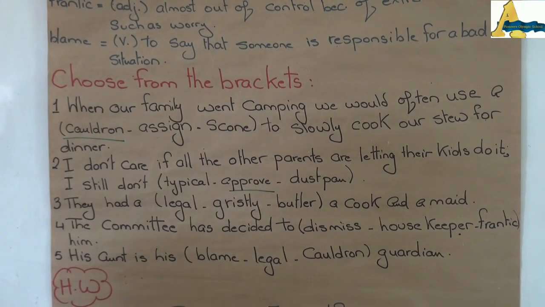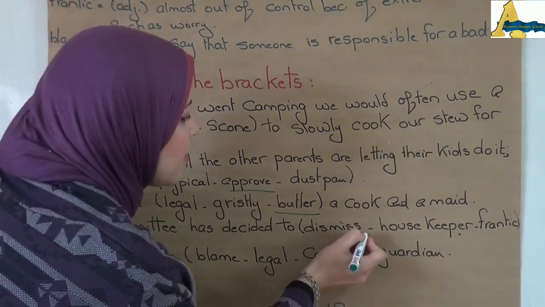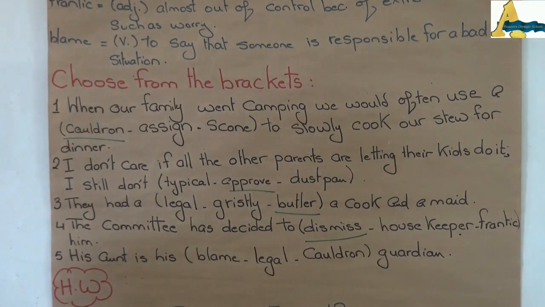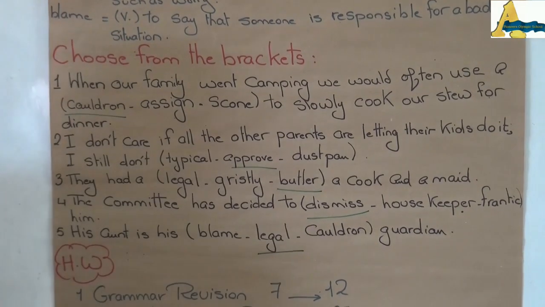They had a cook, and a maid, and a butler, a male servant. The committee decided to dismiss him, to let him leave work. His aunt is his guardian. His aunt is his legal guardian.